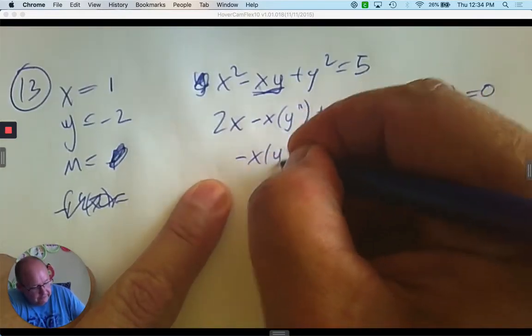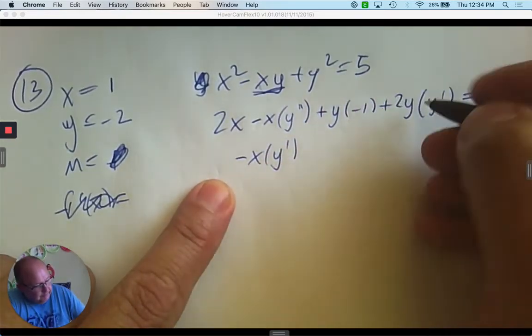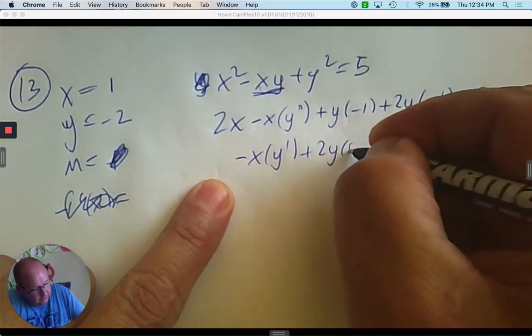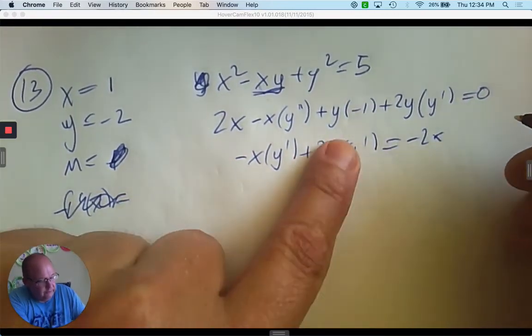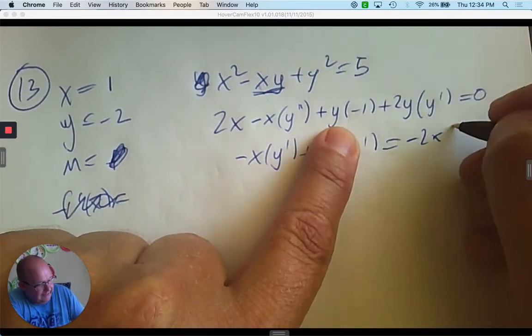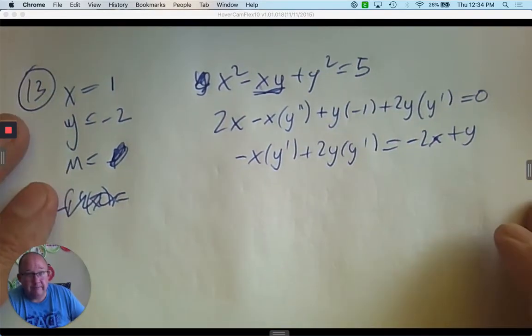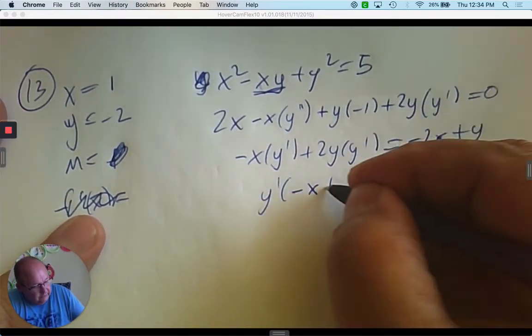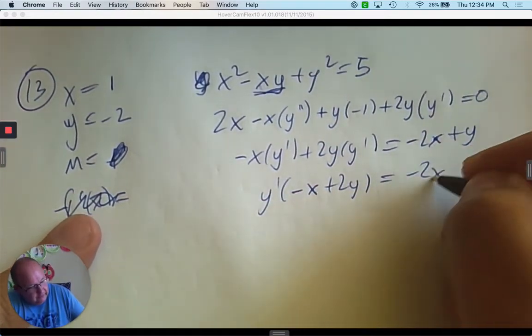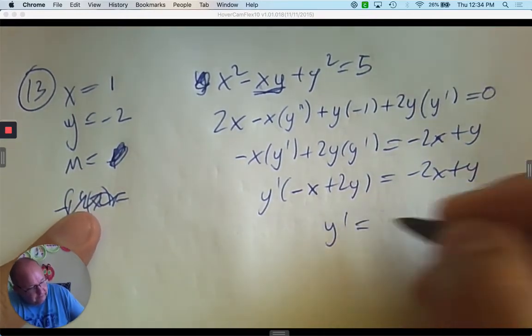We have negative x y prime, and the other one is 2y y prime. On the other side, we're going to subtract 2x, and negative y means we're going to add y to the right side. We're going to factor out a y prime. So you have negative x plus 2y. And then we're going to divide to get the derivative by itself.